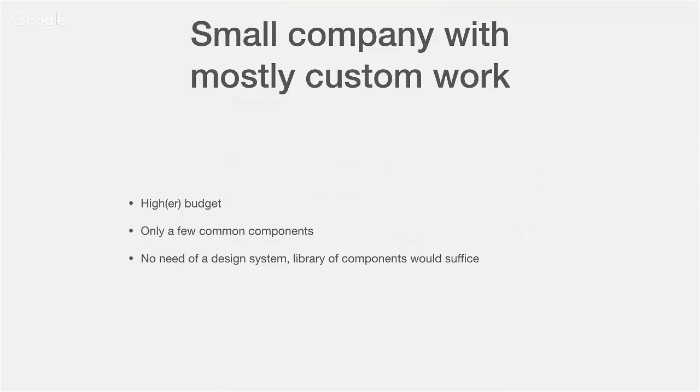They may have some common components, but mostly it will be something that they design, talk over with the customer, and do something really new. They want to differentiate. So here, there's really no need of a design system. A library of just the common components could suffice, just for their coders to be able to code more easily. So just to copy paste some things, get a structure, but then go really broad.